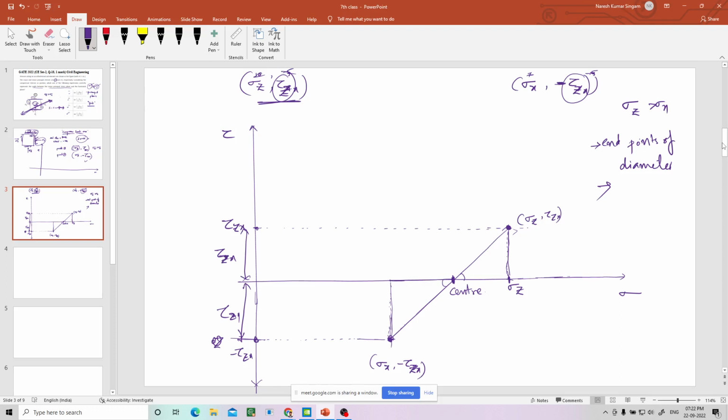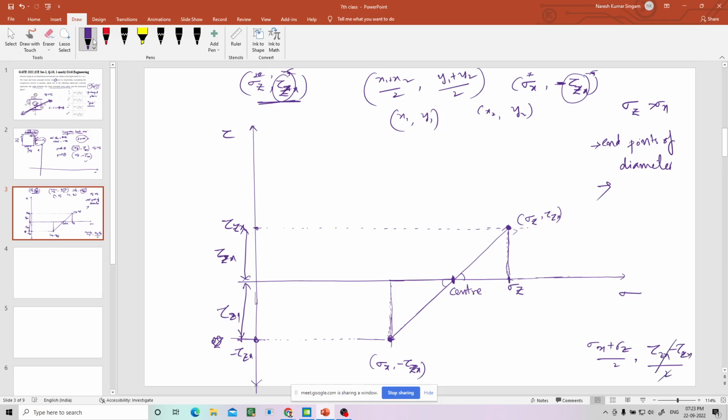It is just the midpoint of 2 points, suppose x1 comma y1, x2 comma y2. What is the midpoint? x1 plus x2 by 2, y1 plus y2 by 2, right? Here the midpoint will be sigma x plus sigma z by 2 comma tau zx plus minus tau zx by 2.